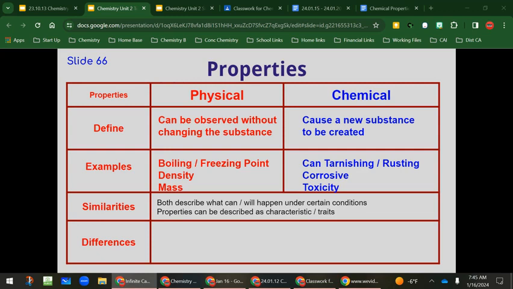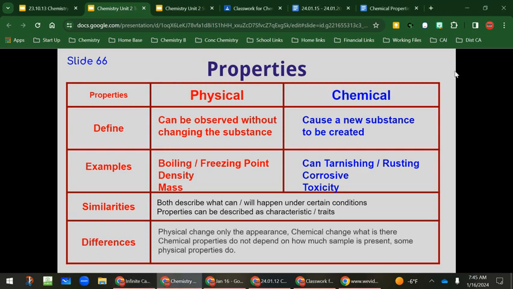Hang on, I've got to get my cursor back on this screen. Physical change, only the appearance. Chemical change, what is there, or the makeup. Chemical properties do not depend on how much sample is present. Some physical properties do.